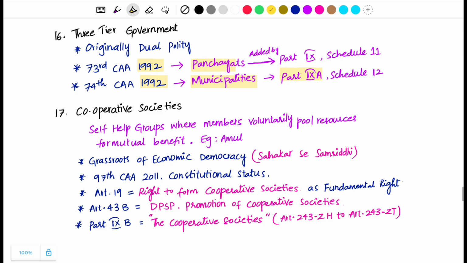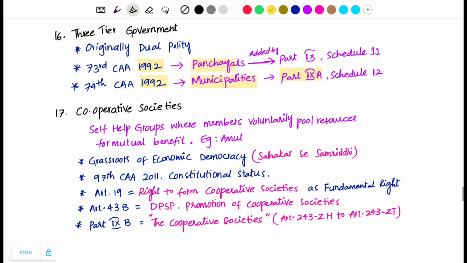It is mentioned in Part 9, Schedule 11. Clear? The 74th Constitutional Amendment Act was made in the same year 1992. It is related to municipalities or the urban local bodies, Part 9A and Schedule 12. Urban local bodies and municipalities are similar, and the Panchayats are rural bodies.